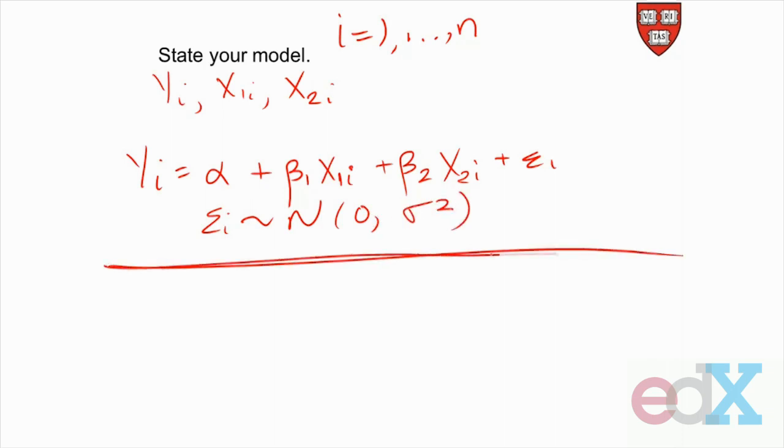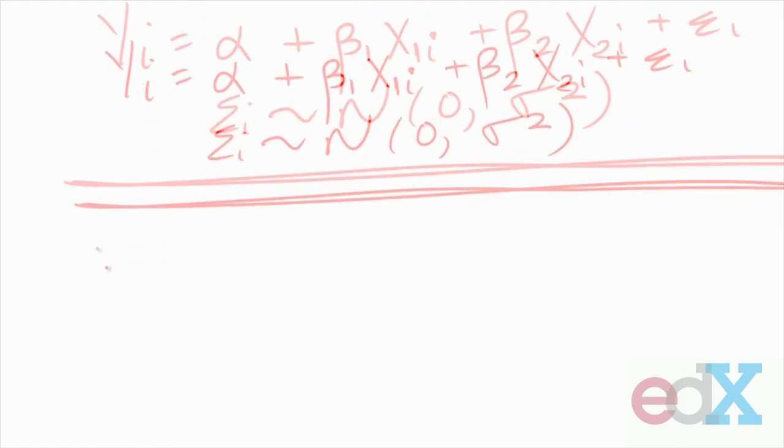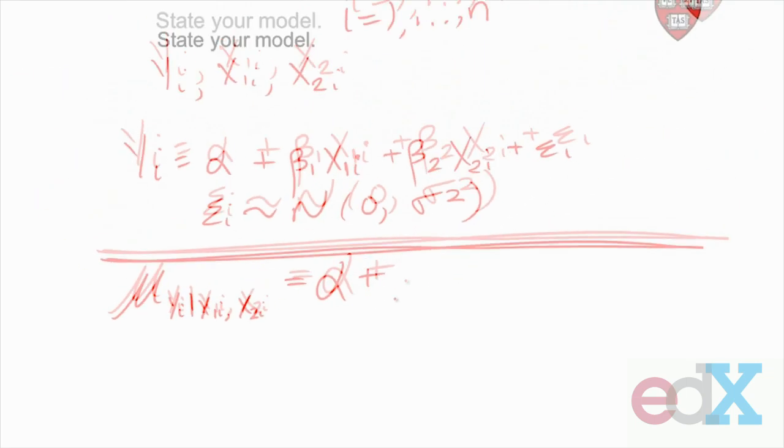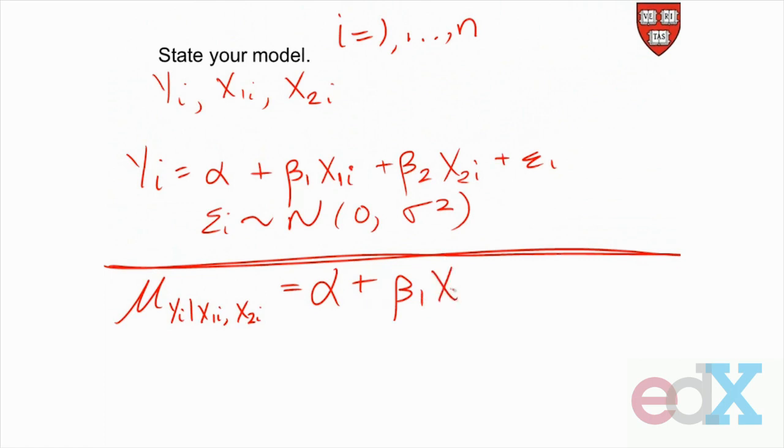As we've seen in the previous tutorials, we could alternatively write this model as the mean mu of yi given x1 and x2 is equal to alpha plus beta 1 x1 plus beta 2 x2.